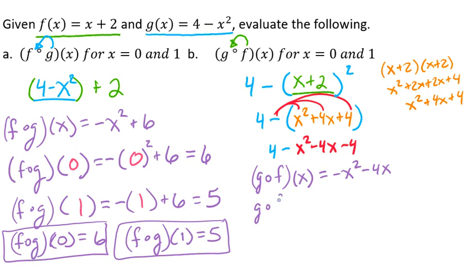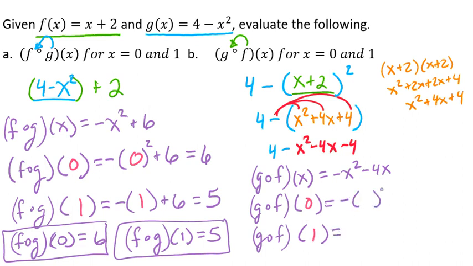And then from here, we're evaluating that at the number 0, and we're going to evaluate that at the number 1. So we'll set it up. And we know that we're going to put 0 in each of our x spots there, giving us an answer of 0.